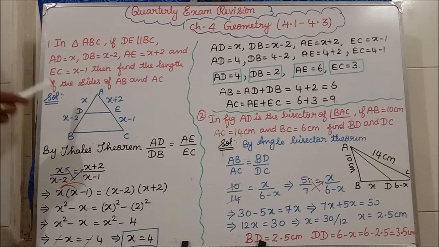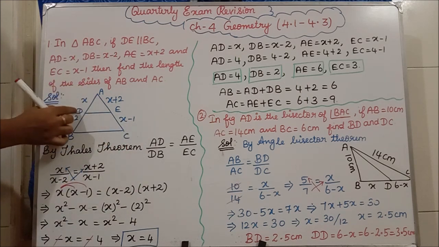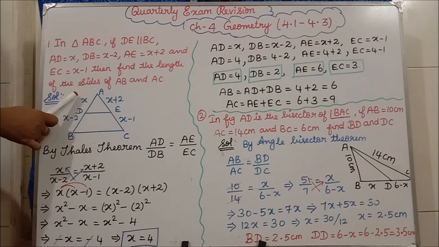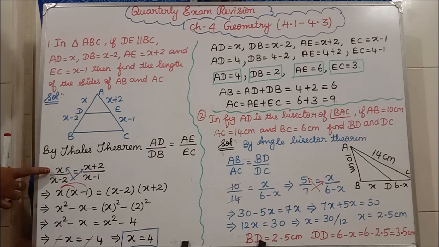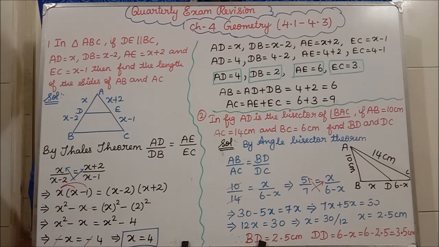Now in the question they have given DE is parallel to BC. Where will we use DE parallel to BC? In Thales theorem. So by Thales theorem I am writing AD divided by DB is equal to AE divided by EC. So what are the values you have? Just write it: x divided by x minus 2 is equal to x plus 2 divided by x minus 1.